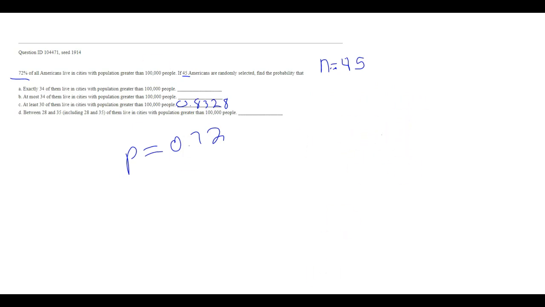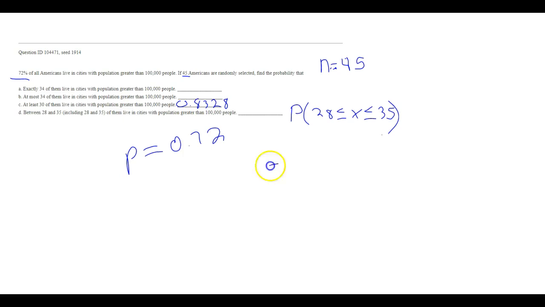Now the next one is asking between 28 and 35, including 28 and 35. So I want the probability that, and again, we're including 28 and 35, the people that live in cities fall between this amount.